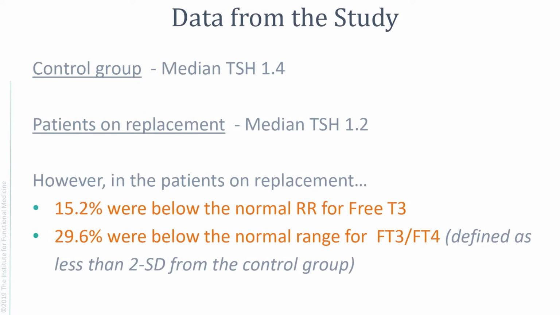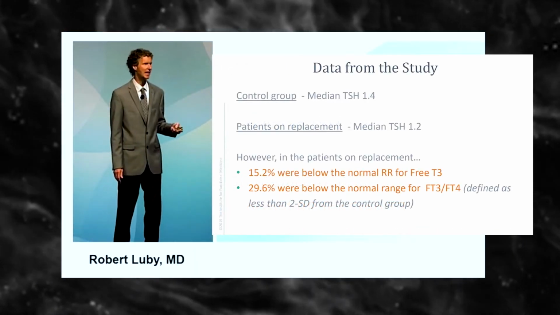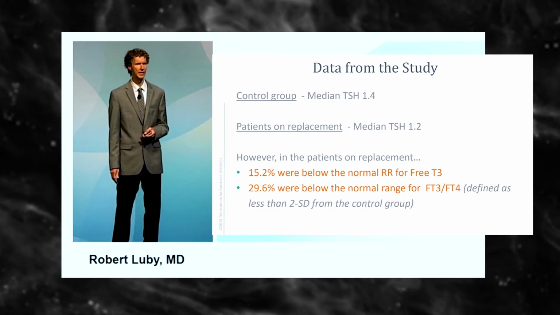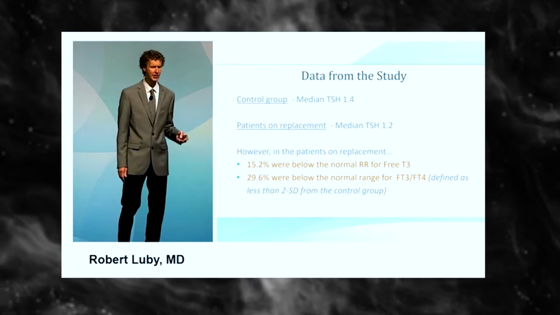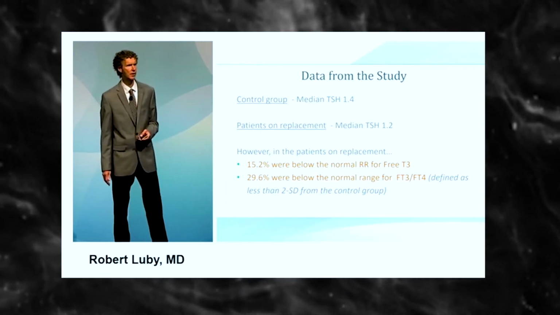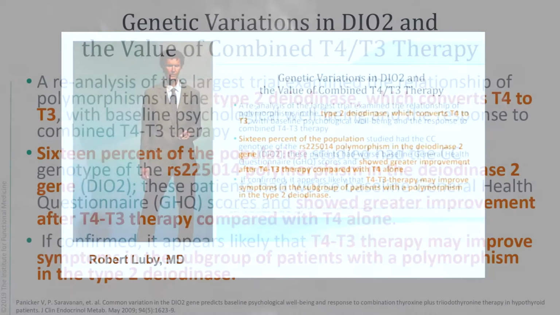They had a control group. When they gave them T4 to replace it, what they found was when they measured T3, 15% of patients, they could not get the T3 to move into the normal range. 30% of the patients taking T4, they could not get the ratio of T3 to T4 to normalize. This strongly implicates problems with conversion.